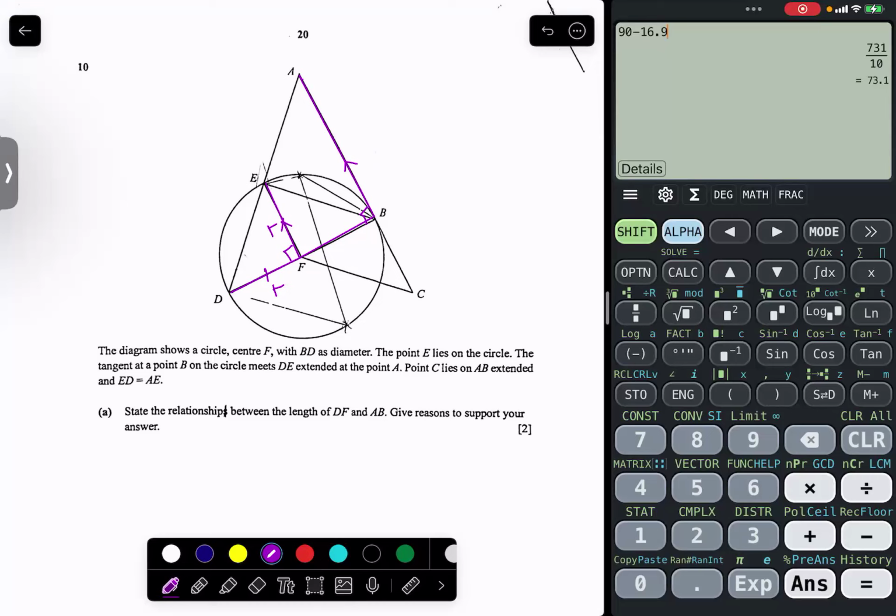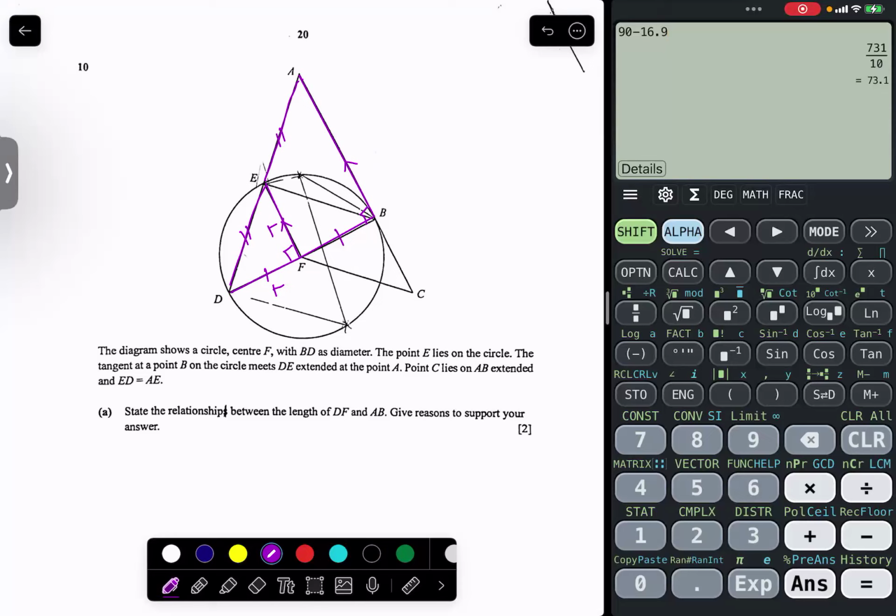Then secondly, we have ED equals AE, which makes this the midpoint. So this is the midpoint theorem.